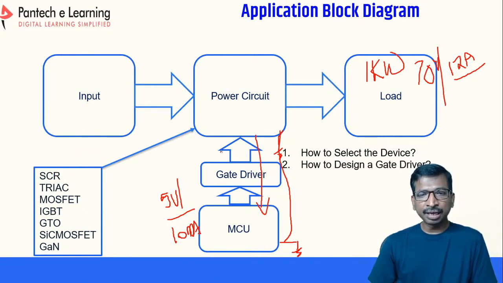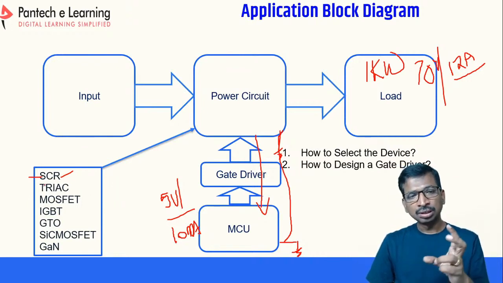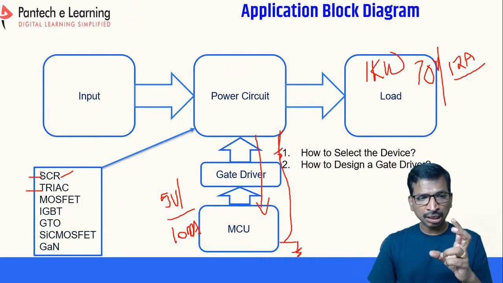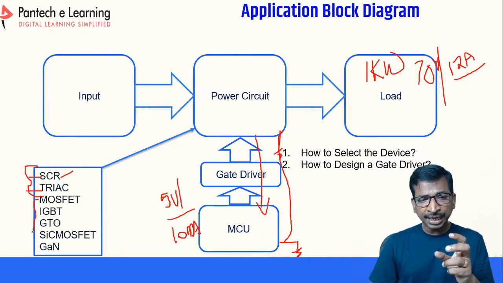And second, based on the power circuit, suppose you are going to choose the SCR, then one gate driver circuit we have to use. Suppose you are using a triac, actually both are in a similar category, SCR and triac. Similarly, MOSFET and IGBT and other devices come under a similar category.